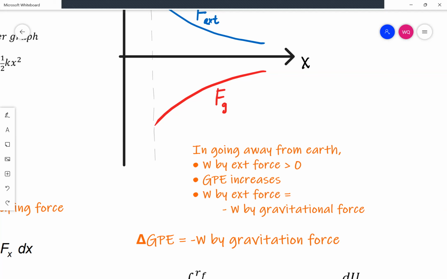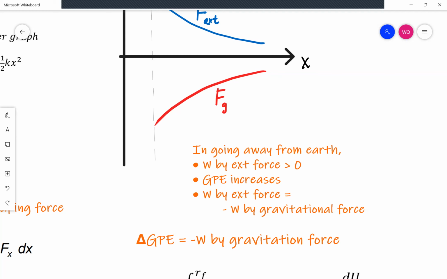For gravity, as you go higher, GPE increases. It doesn't matter whether you go 1 meter higher or in this case, into outer space, GPE still increase. And the third point here is what I said just now. The blue area will be equals to the negative of the red area.